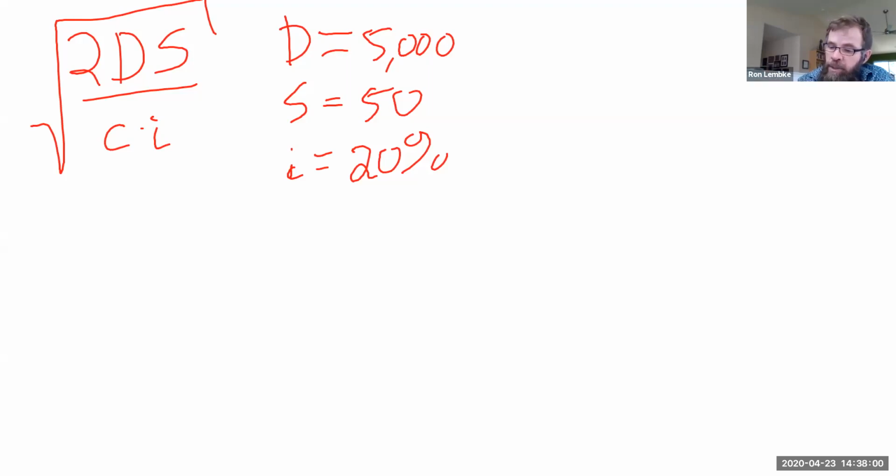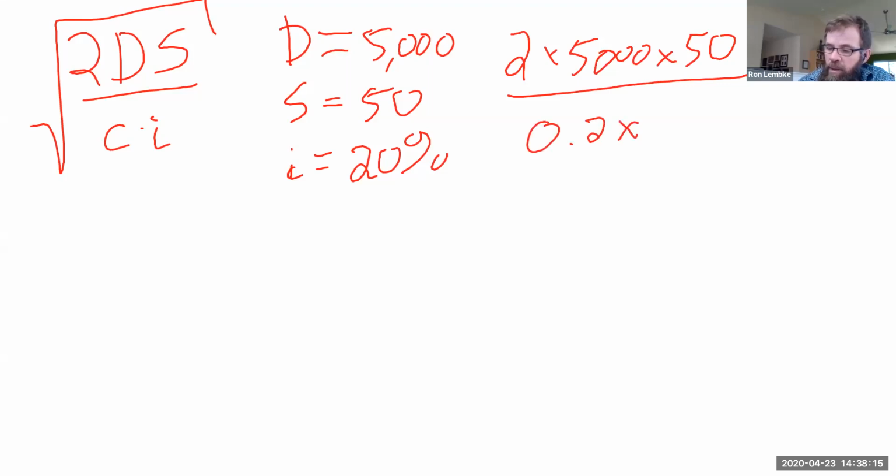The first one we're going to consider is the cheapest possible price, which is $8.40. So we'll have 2 times the demand, 5,000, times ordering costs of $50, and divide that by 0.2 times the cost, which is $8.40.